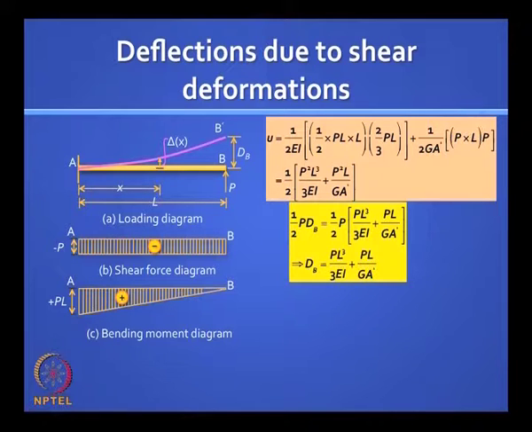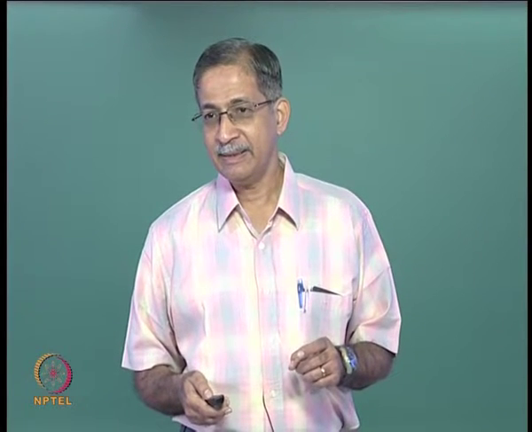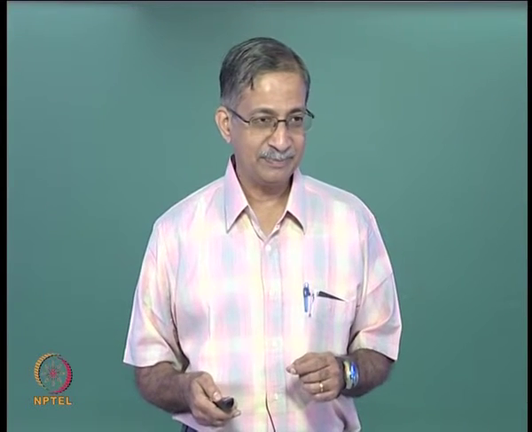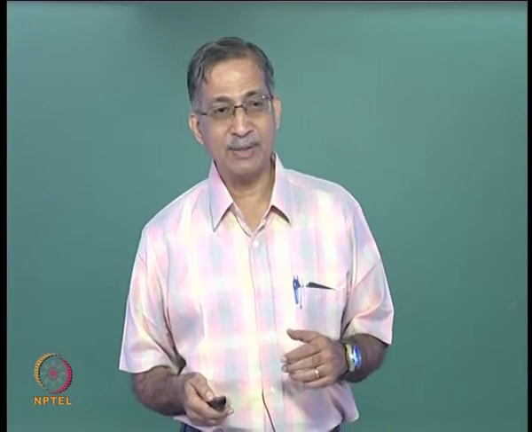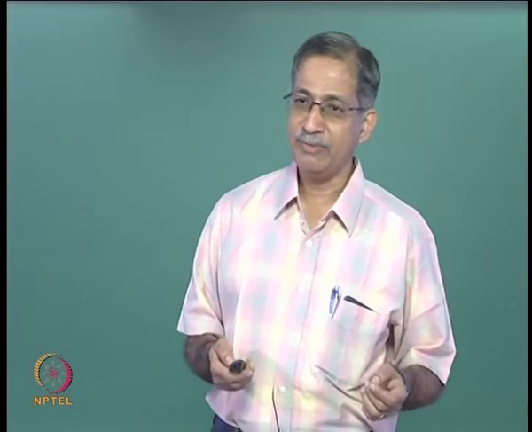An interesting point to note here is that the deflection from flexure varies with the cube of the length, whereas the deflection from shear is linearly dependent on length. This is because the shear force is constant and the bending moment varies linearly.